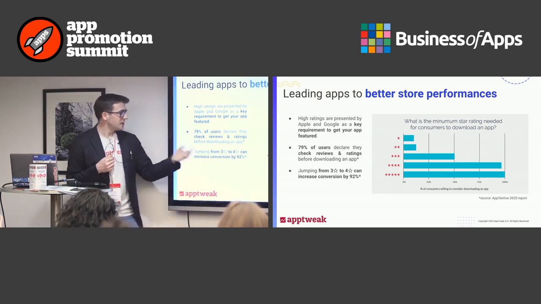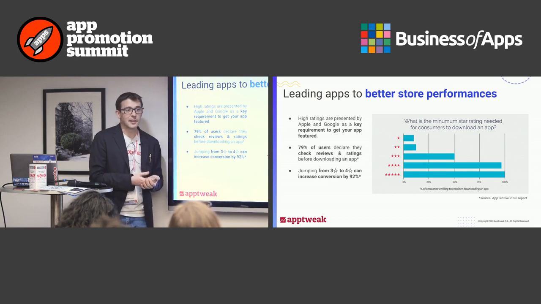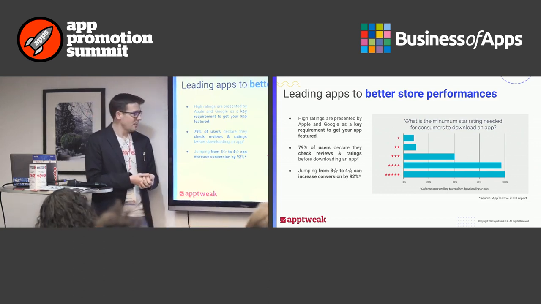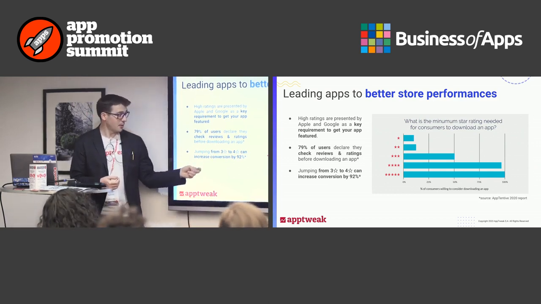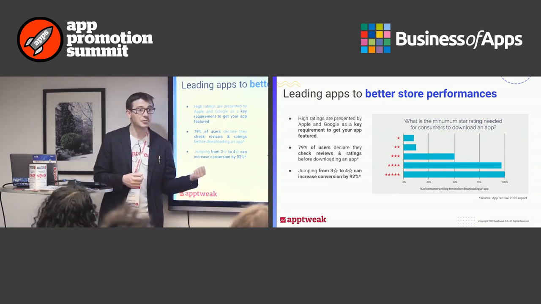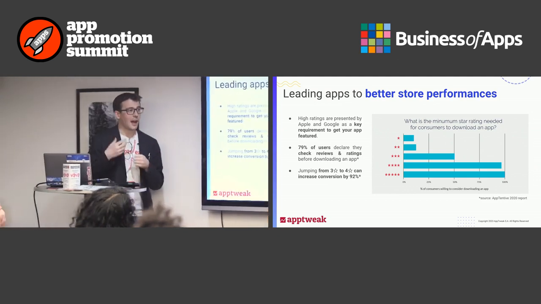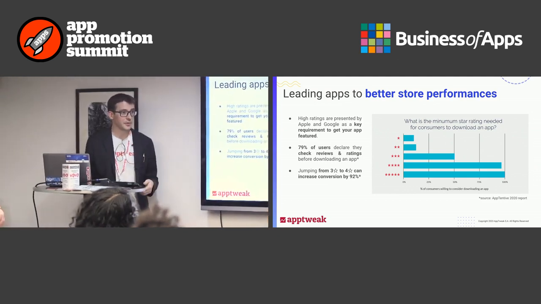AppTentive has shown in 2020 that almost 80% of people say they actually look at reviews and ratings before downloading an app, and that if you go from 3 stars to 4 stars, that's an increase in conversion by 92%. So again, knowing what people talk about and how you can engage with them is going to be important.